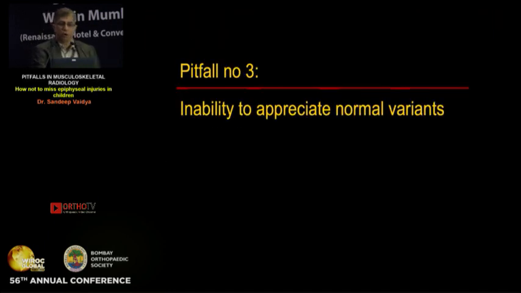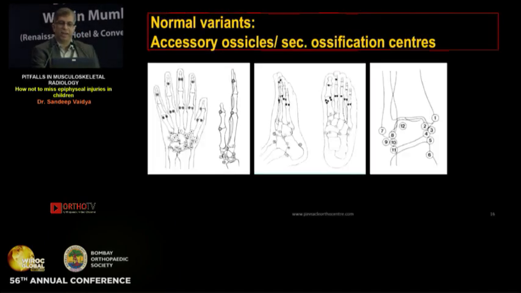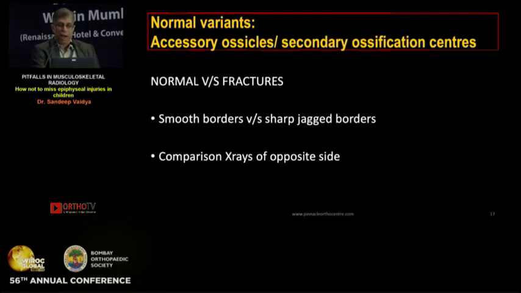The third pitfall is inability to appreciate normal variants, and the pediatric skeleton is replete with accessory ossicles and secondary ossification centers which are very often misinterpreted as fractures. How do you differentiate them? Well, the normal variants have smooth borders as against the sharp, jagged borders of a fracture.